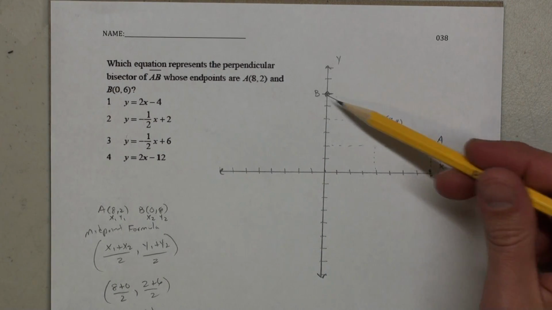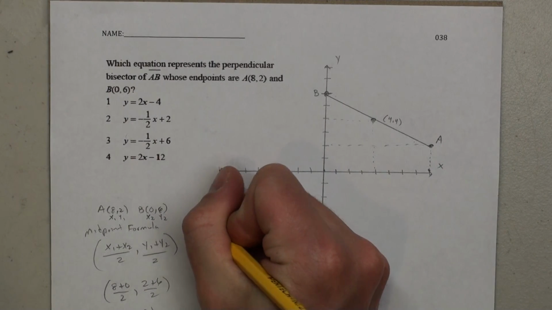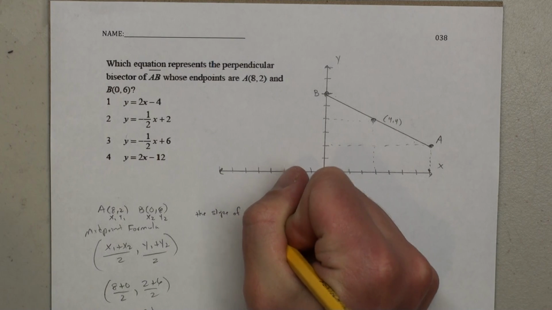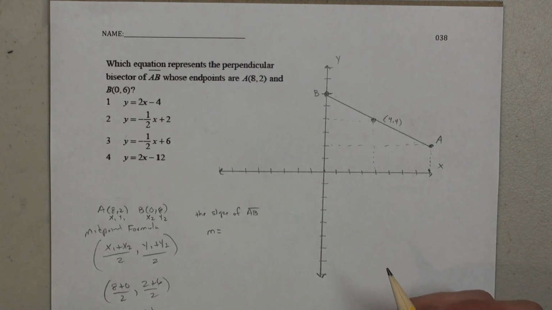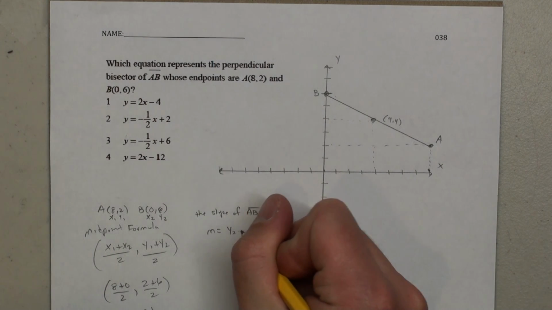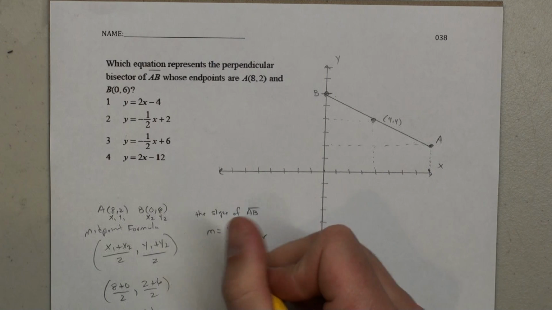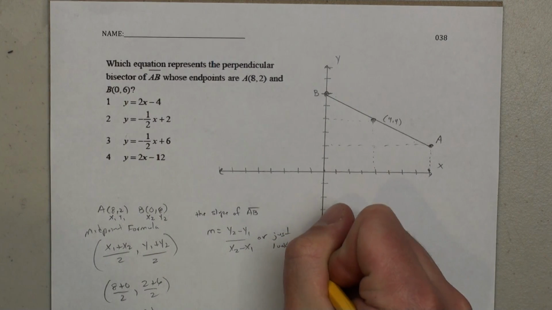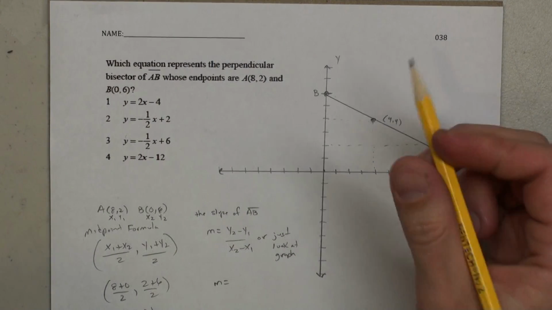Now, I need the slope of this line. The slope of AB, I can use y2 minus y1 over x2 minus x1, or just look at the graph. I'm just going to look at the graph.